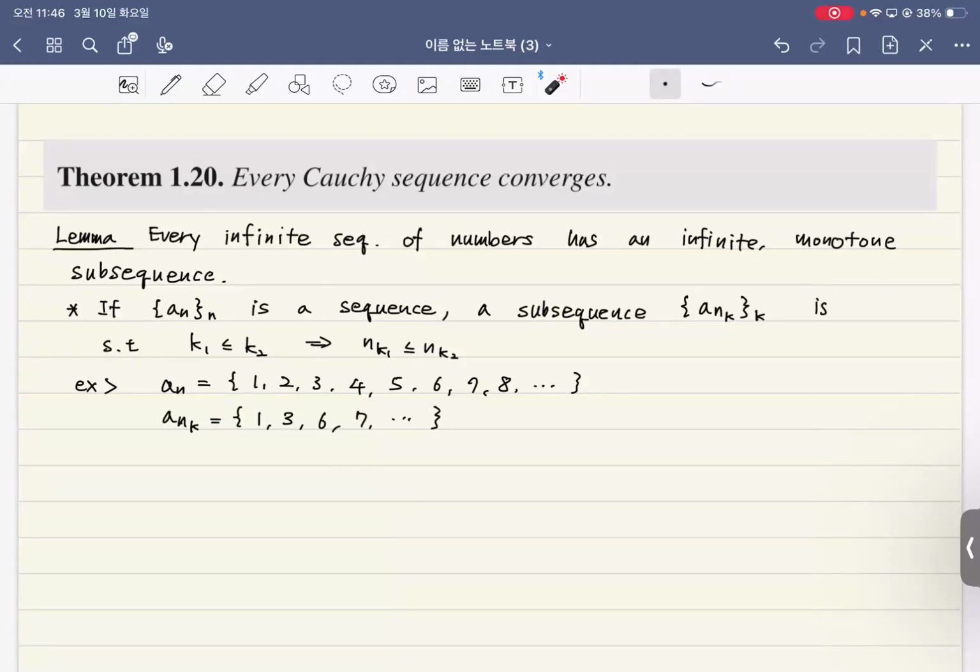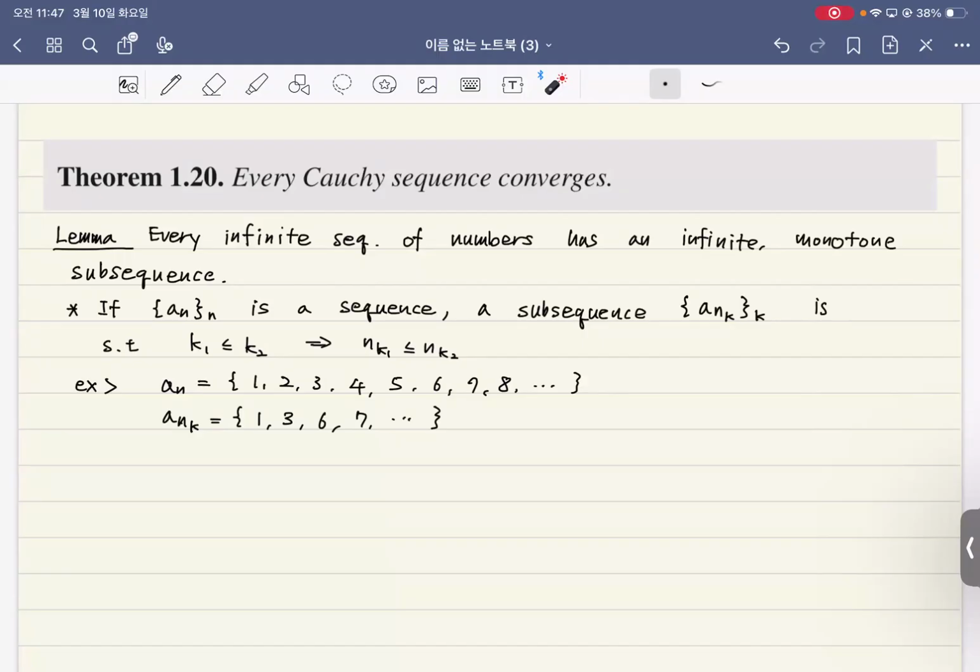After this point, you try to find another infinite increasing subsequence. If you can find another one, then you're good. But suppose that your second attempt also failed. That means beyond this point, you are not able to find any number that is greater than this one, right?